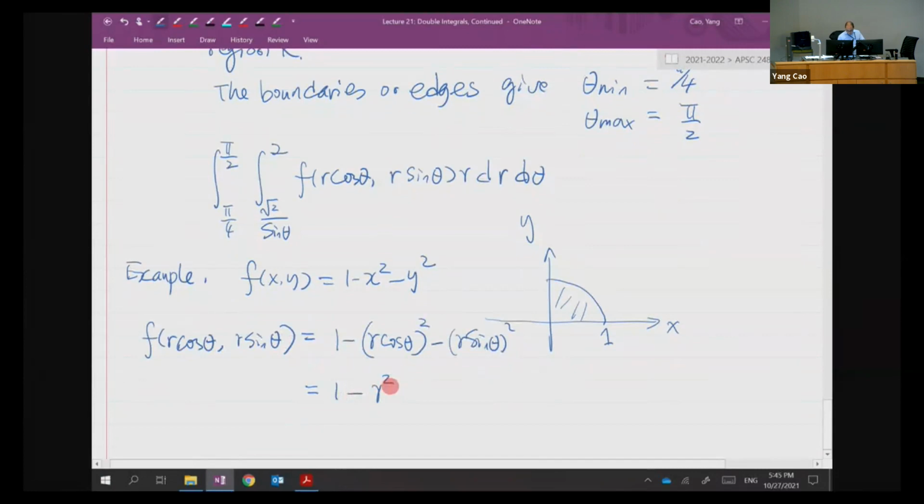Here you have a very simple trig identity. So you got cosine theta squared plus sine theta squared, which is 1. So you get 1 minus r squared. So your original 1 minus x squared minus y squared is 1 minus r squared.